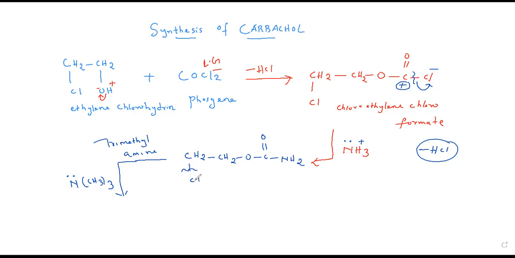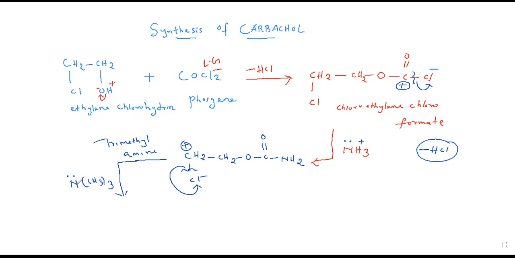As chlorine has more electronegativity, the electrons come out of the sigma bond and migrate towards the chlorine atom. Chlorine gets a negative charge, and carbon gets a positive charge.